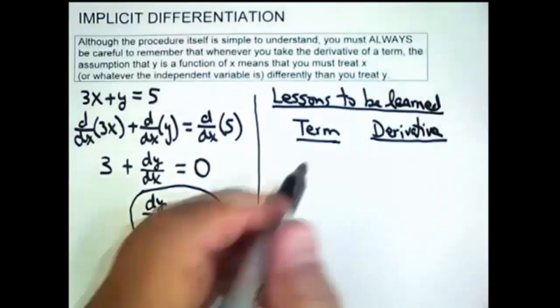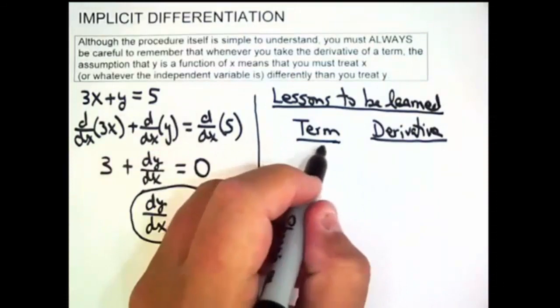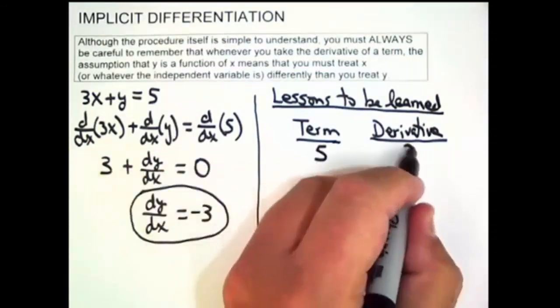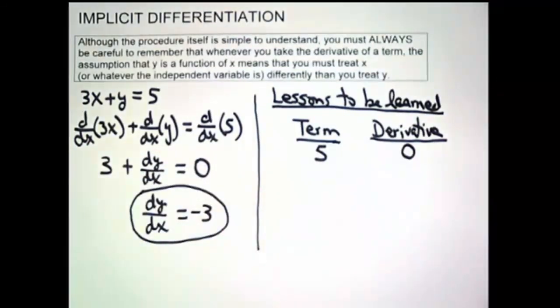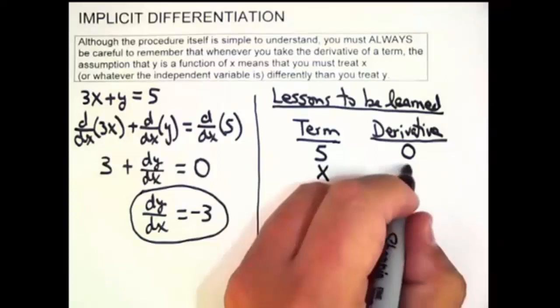If I have just a constant, just say 5 like I had there earlier, its derivative is 0. Derivative of any constant is 0. If I have x, its derivative of course is 1.